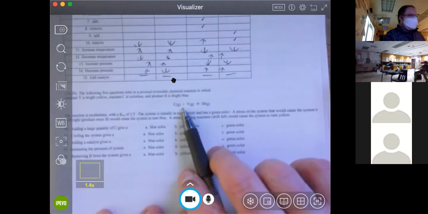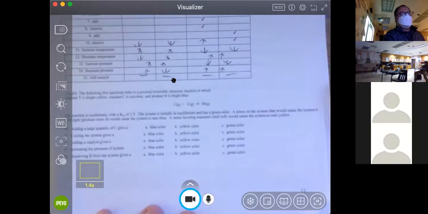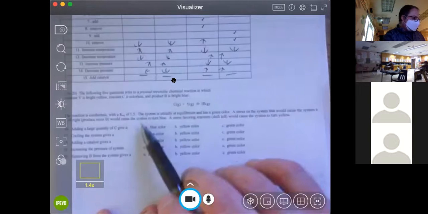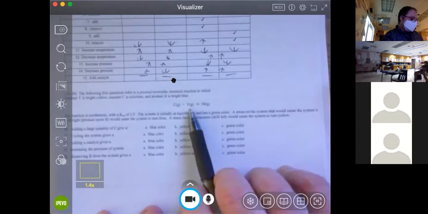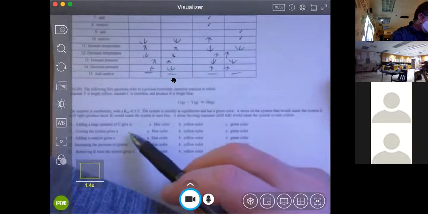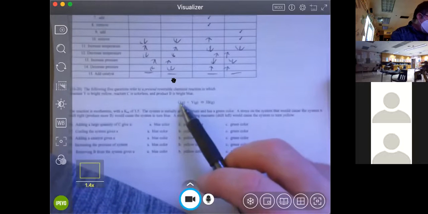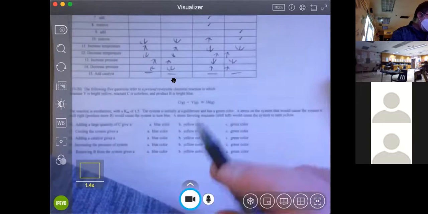If it favors the reactant, we're going to see more yellow. If it's right at equilibrium, or starts to change to both, we may see that green. So let's take a look. Adding a larger quantity of C. If we add C, that favors the production of blue.